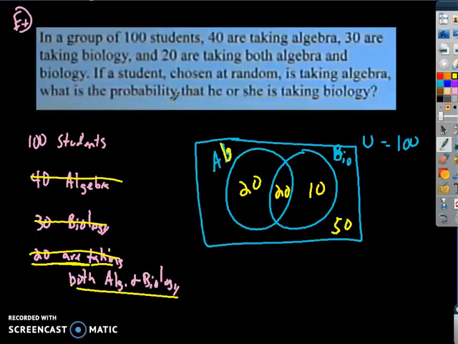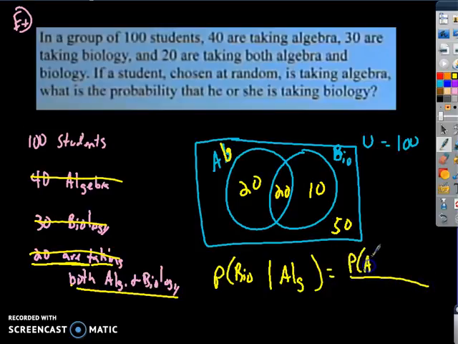What's the probability that, given that he's already in algebra, he's also taking biology? So this is going to be the probability of algebra and biology over the probability he's taking algebra.